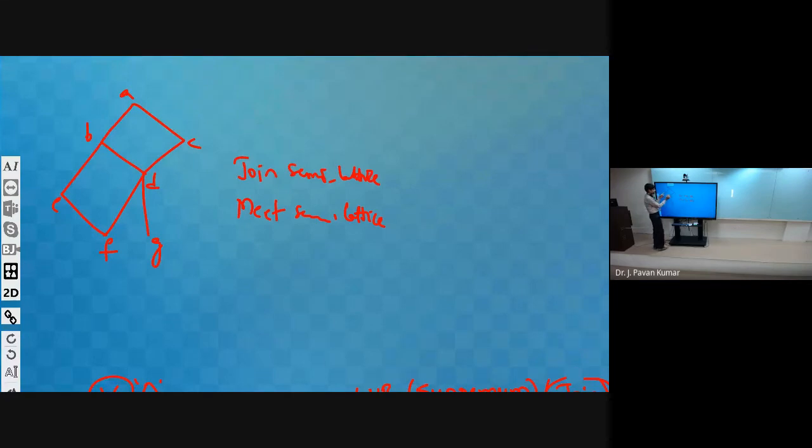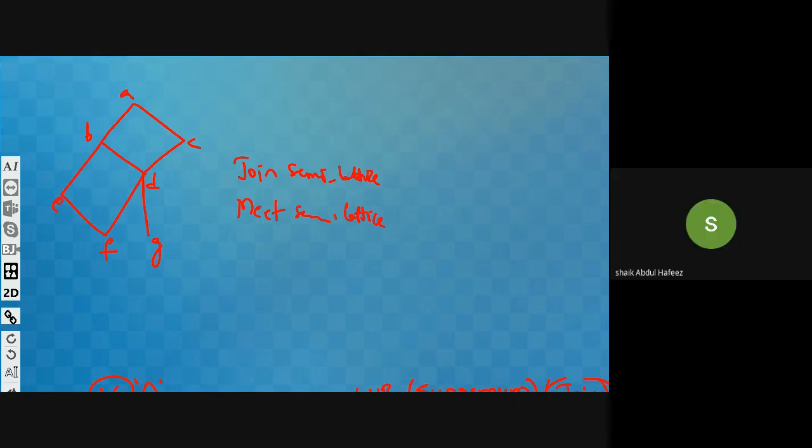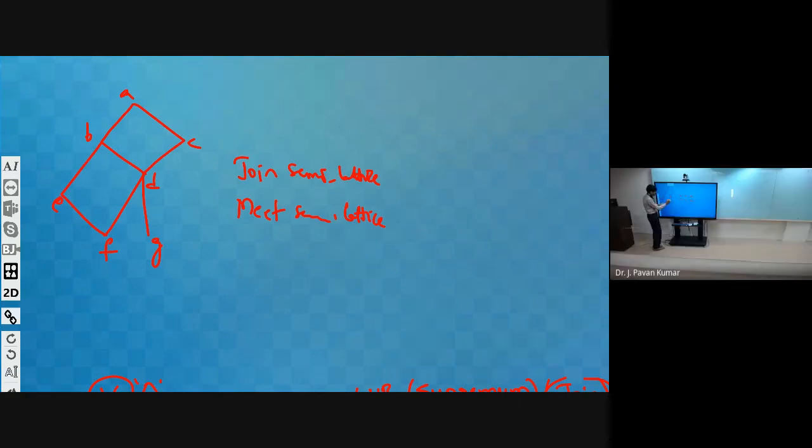B and C, what is the join? A. Next, E, D. Are these two joining or not? E, D, yes. Next, F, D. Anyway, F is directly related to D, so joining.